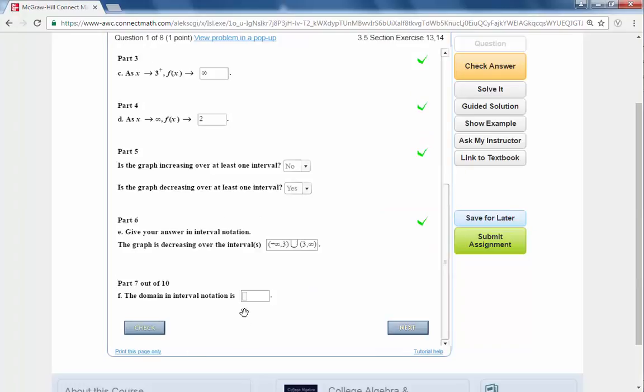I just removed the number 3 by creating 2 pieces, left piece and right piece. Does it make sense? So it's not actually decreasing over the entire interval of the x-axis. There is a break at 3.